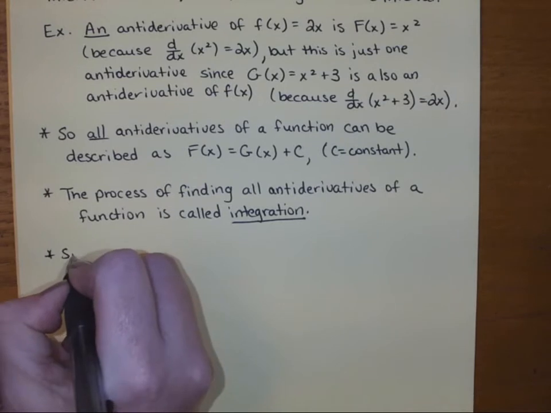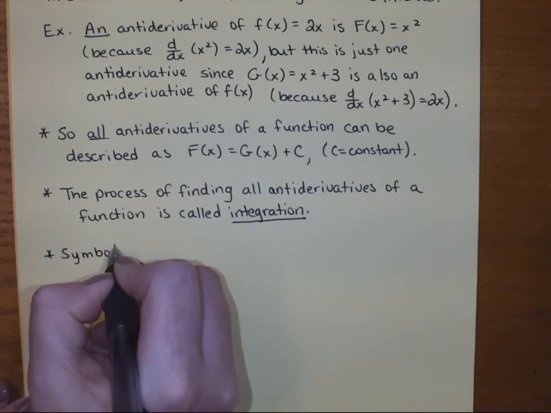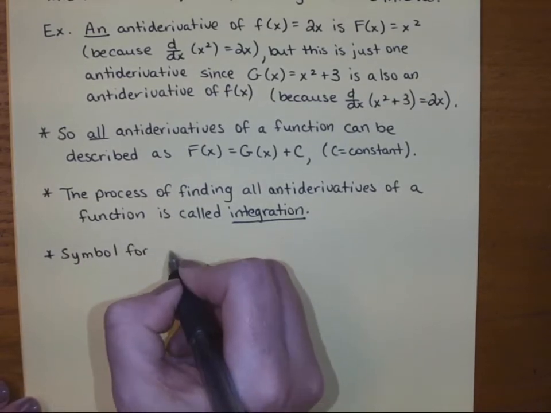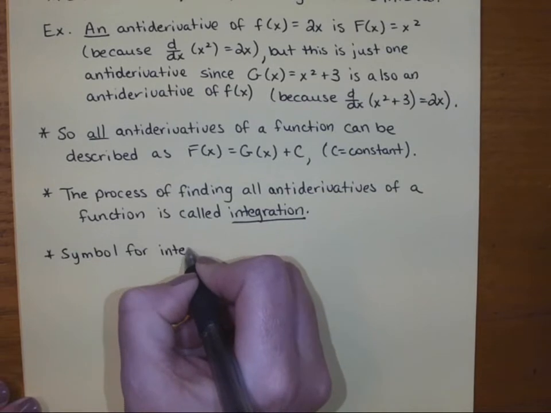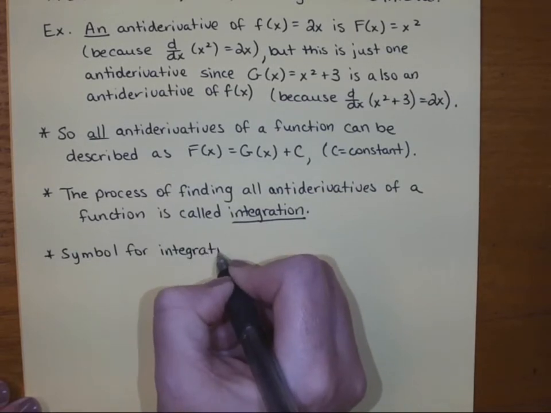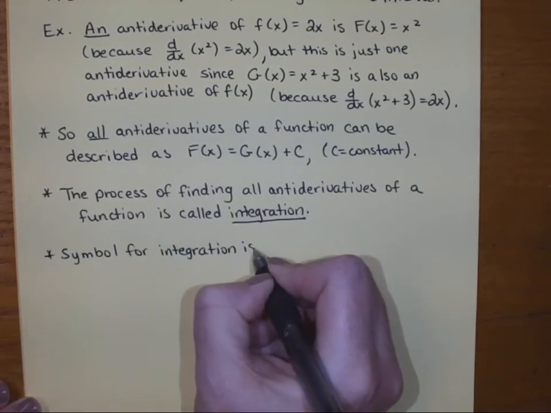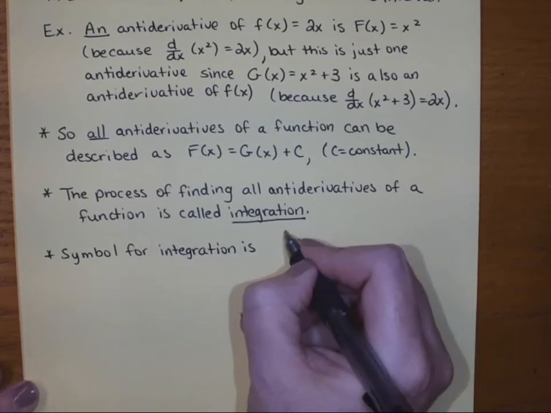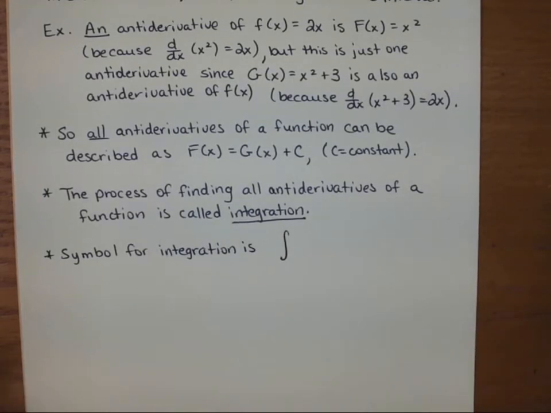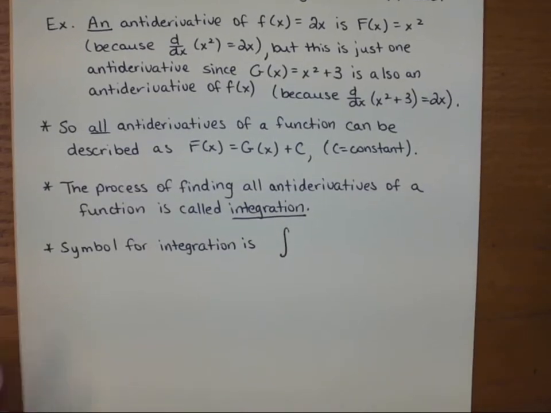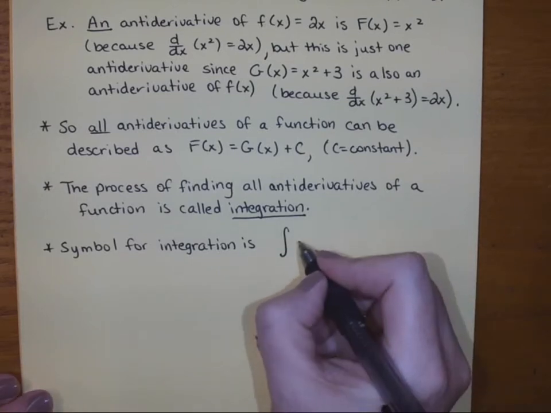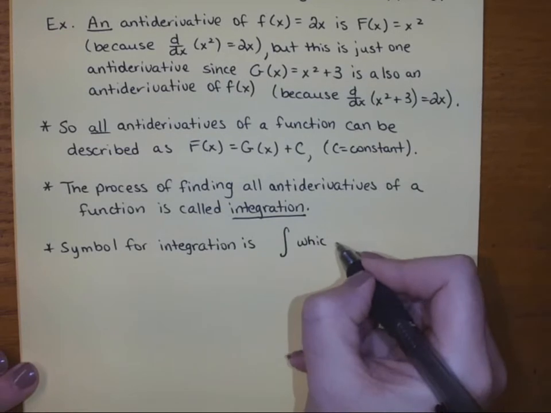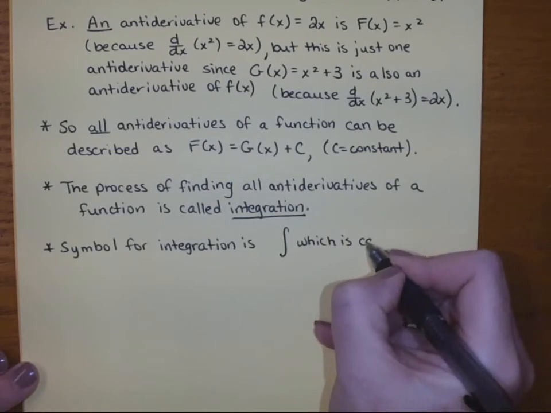So before we can really get to some examples, we do have some notation and some processes that we need to be aware of. So the symbol for integration, the symbol that tells you, hey, I need to integrate something, looks like this. It sort of looks like an S, but it's really an operation sign. This is called the integral sign.